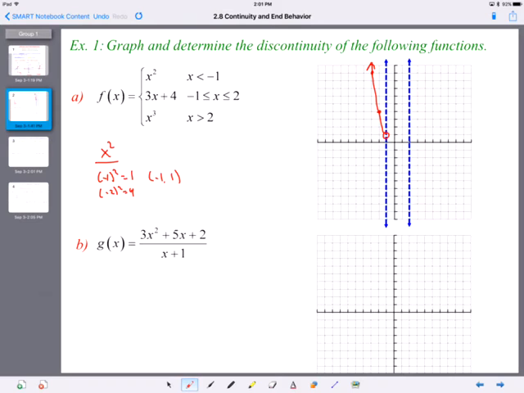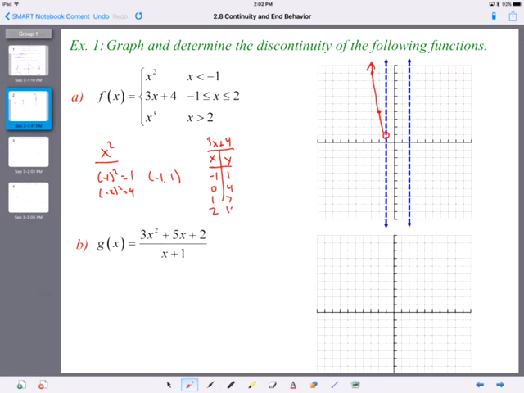Alright, and then now we have the linear, but we're only going to go from -1 to 2. So -1, 0, 1, and 2, and this is for 3x plus 4. If you plug in -1, you get 1. You plug in 0, you get 4, plug in 1, you get 7.